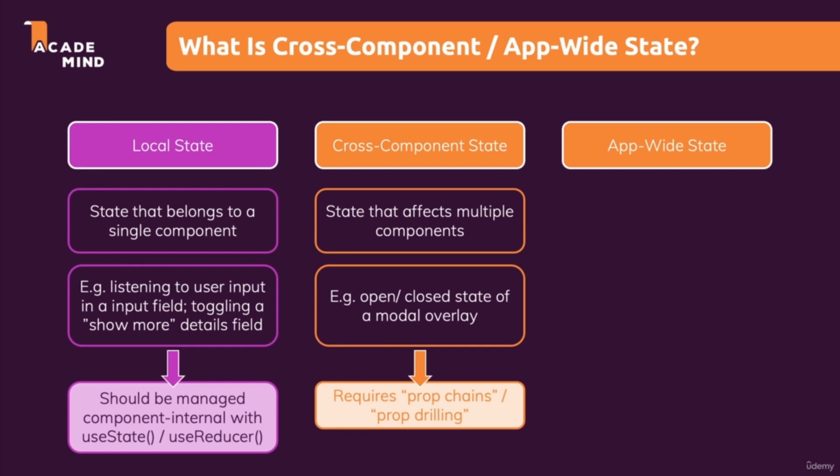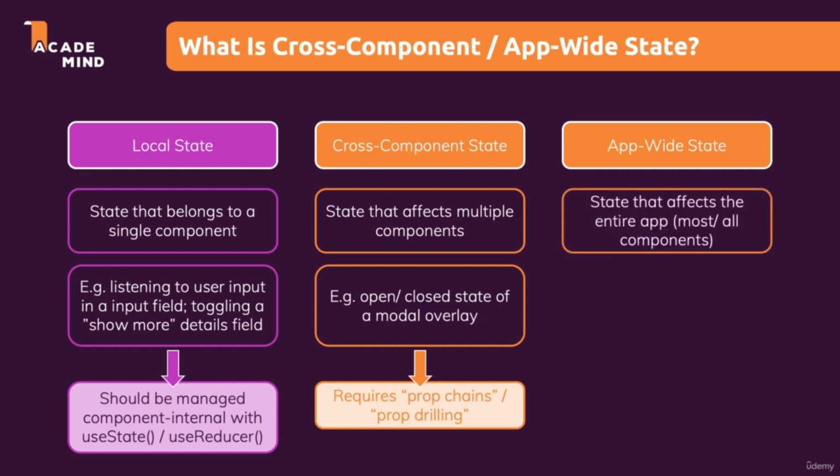And sometimes we also have state that does not just affect multiple components, but basically all components of an application. Now, when that happens, we could call this app-wide state. And an example here would be user authentication. If I log in, we might need to change the navigation bar because we now show new options.